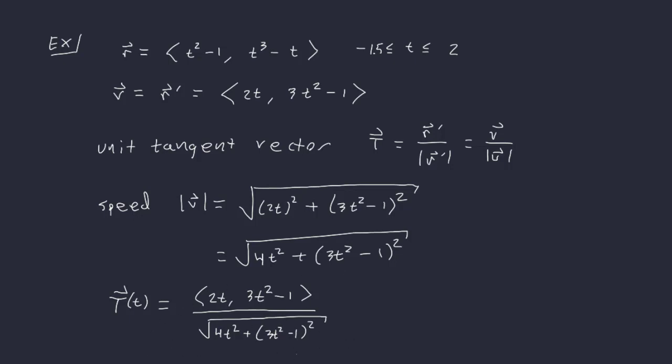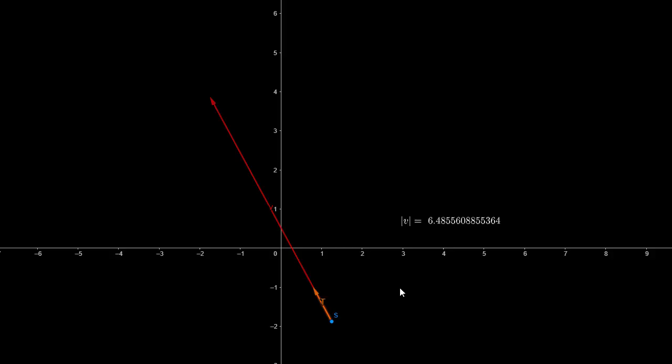The only thing you've got to worry about is if the velocity is ever 0, this isn't going to work. Any place that your point stops, you're not going to get a tangent vector because you're not going to get a velocity vector, because if your object actually comes to a complete stop, well, then there's no direction that it's traveling in, right? So it'll just be undefined here.